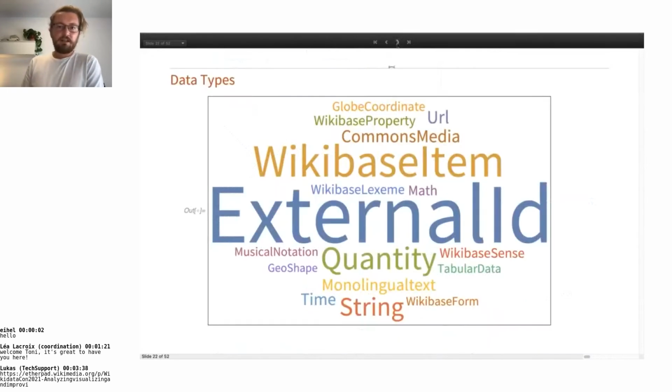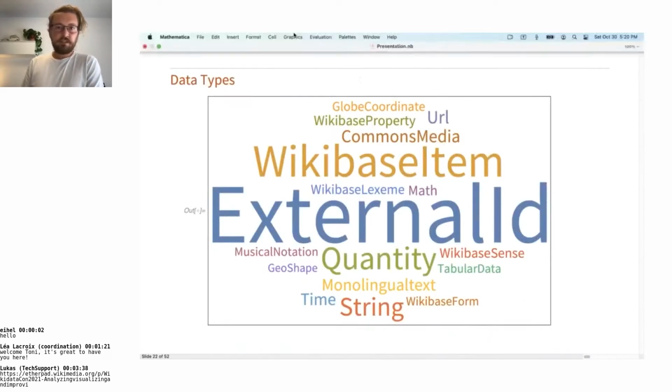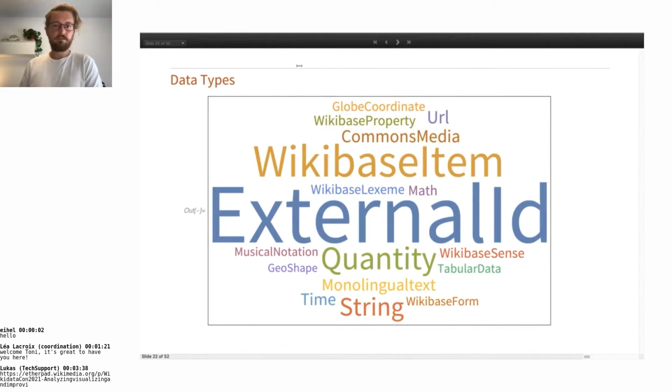Now that we are familiar, let's step back for a moment and look at data types. What are data types in Wikidata? Data types are the kind of data that a property supports.